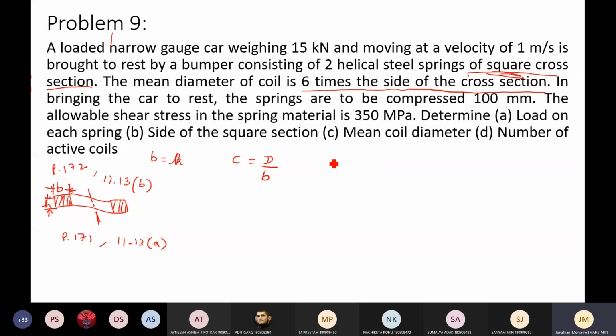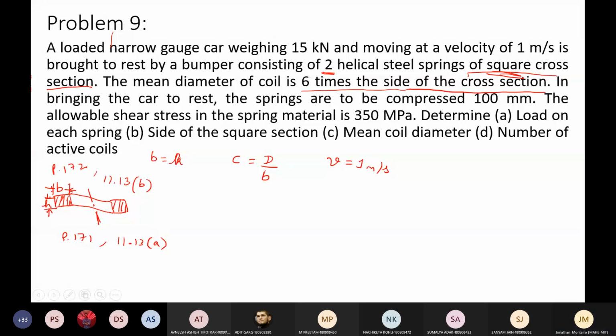So what data is given here? We have V as 1 meter per second, so it refers to the kinetic energy, very similar to what we solved in the earlier class. Kinetic energy is equal to the energy absorbed by the springs. How many springs are there? In the earlier case there were 4 springs, as you might remember in the railway wagon, but here there are only 2 springs.